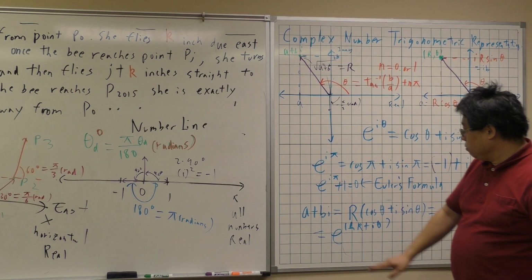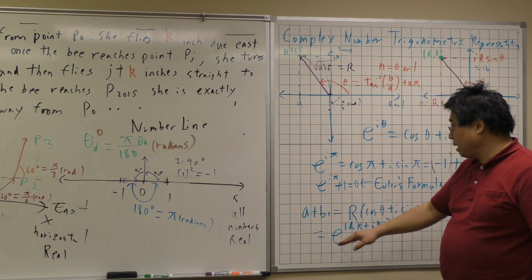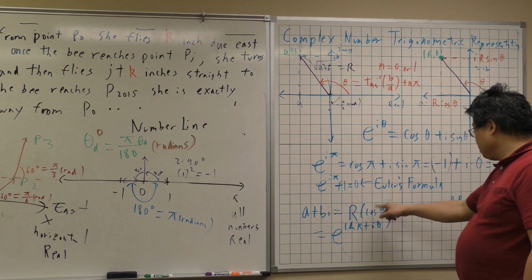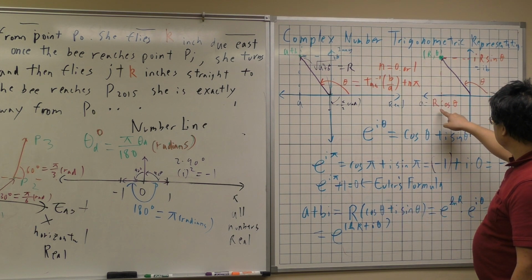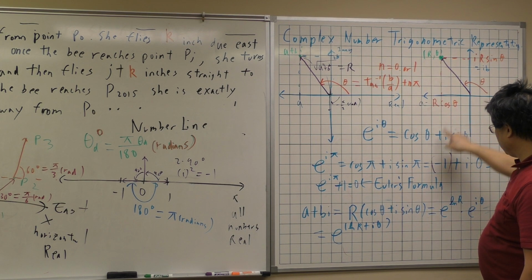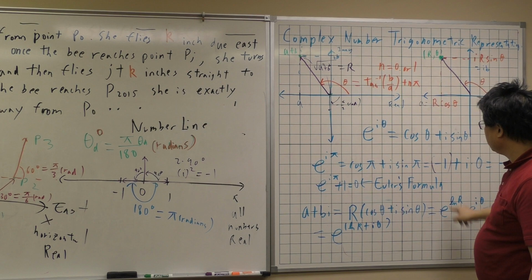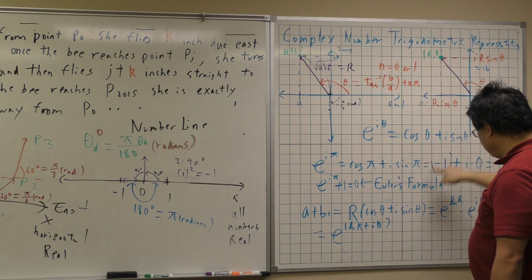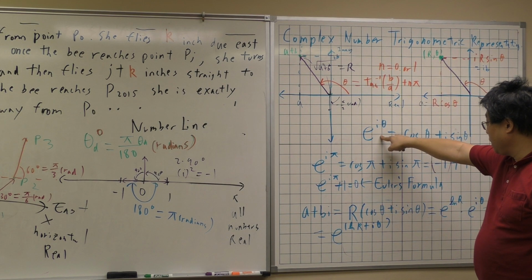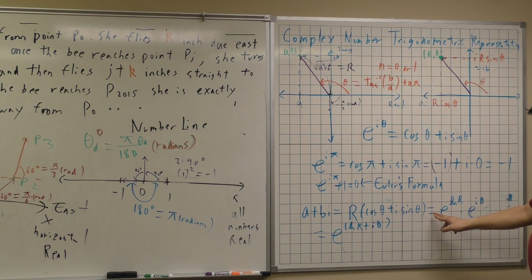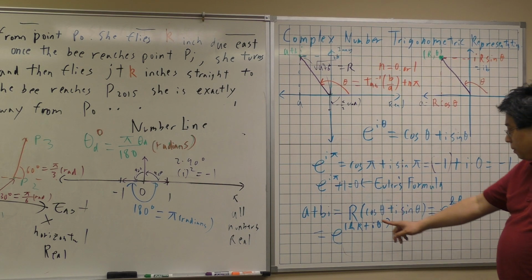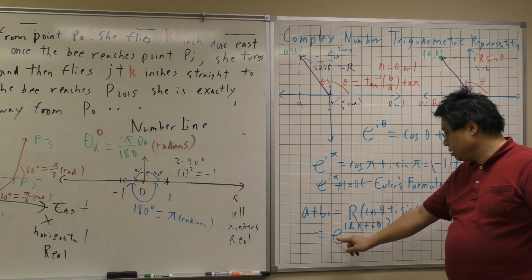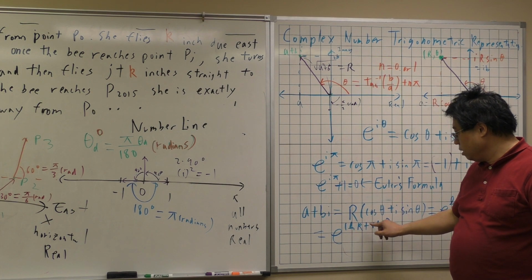So we could rewrite a plus bi equals r times cosine theta plus i sine theta. Look here: a is r cosine theta, b is r sine theta. So replace this part with e to the i theta. You can rewrite this as e to the log natural of r times e to the i theta. Using the property of logarithms, we can rewrite this as e to the ln r plus i theta.